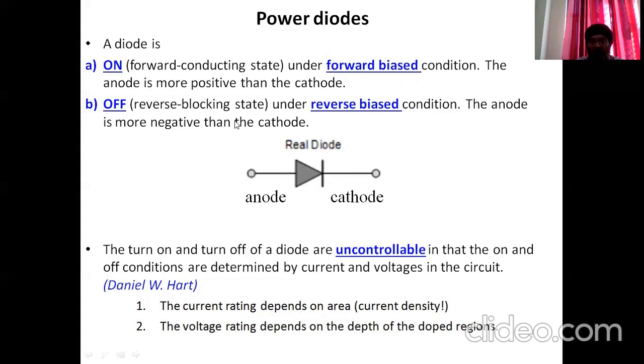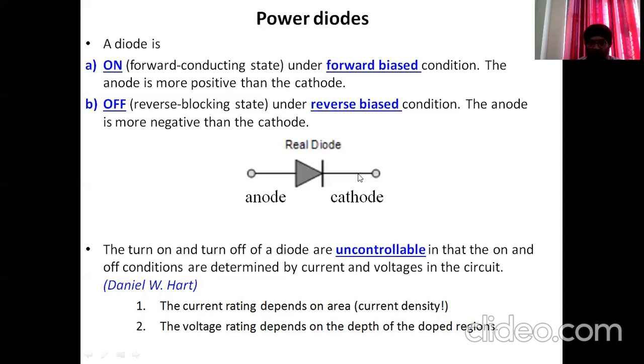Okay, so now the working. A diode is turned on when it is in forward bias condition, meaning when the anode is made more positive compared to the cathode. And the diode is turned off, meaning in reverse bias condition, when the anode is made more negative compared to the cathode.